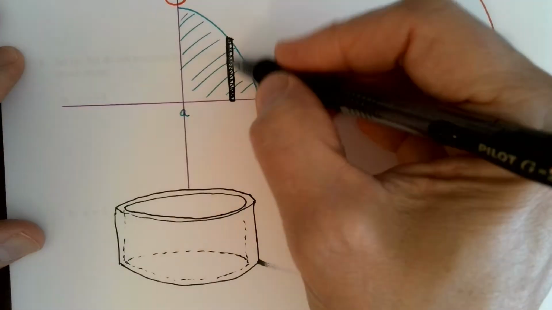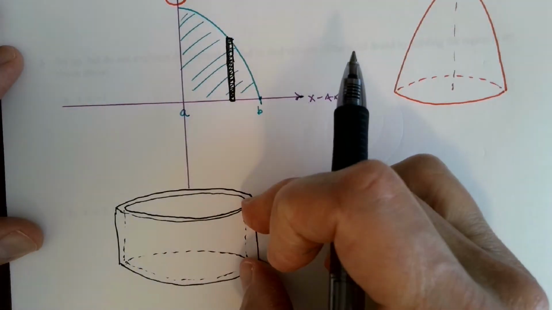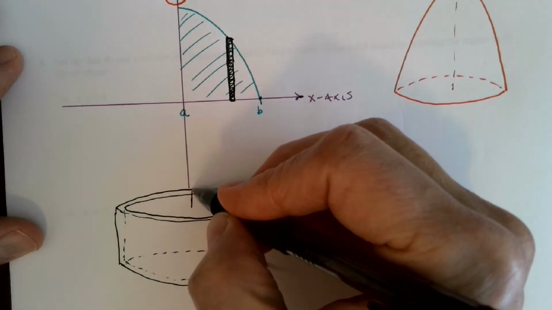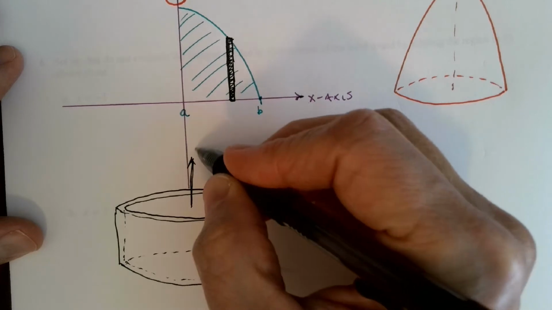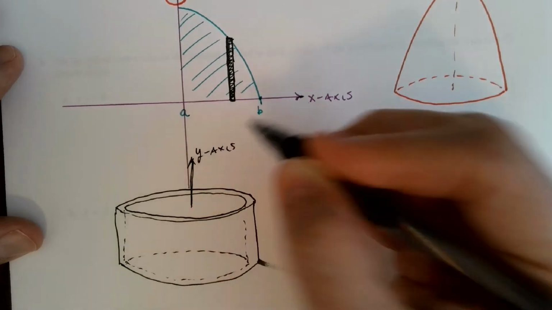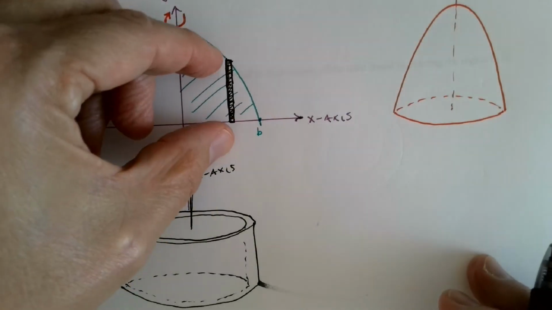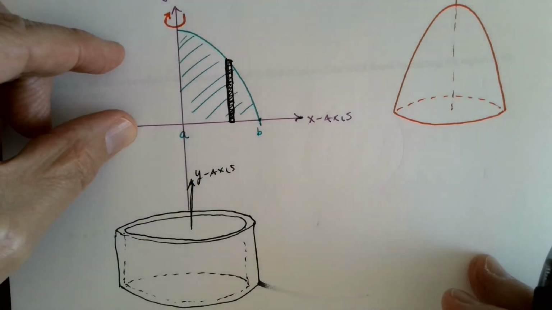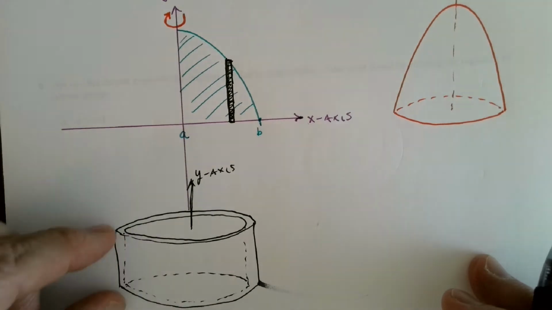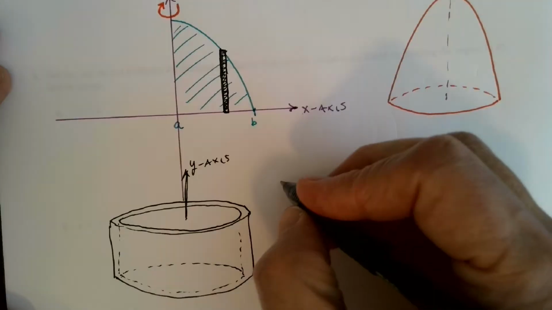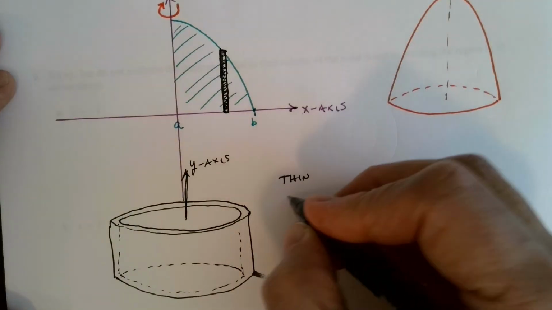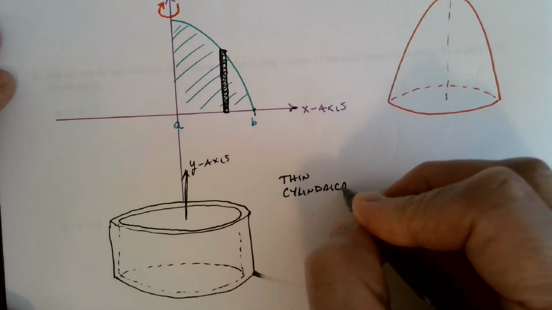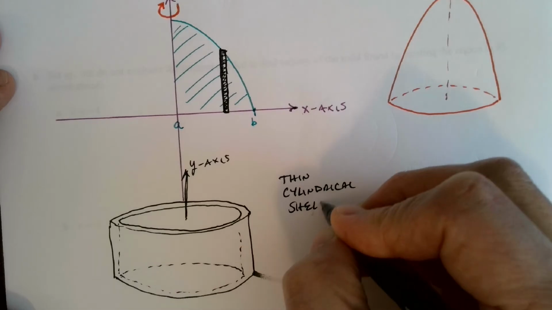So this rectangle right here is coming right out the center here, up here. This is the y-axis. If I take this rectangle and rotate it about the y-axis, it goes back into the page here. We're going to get this thin cylindrical, what we call a shell.